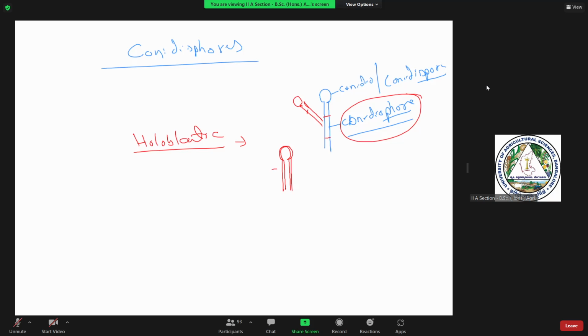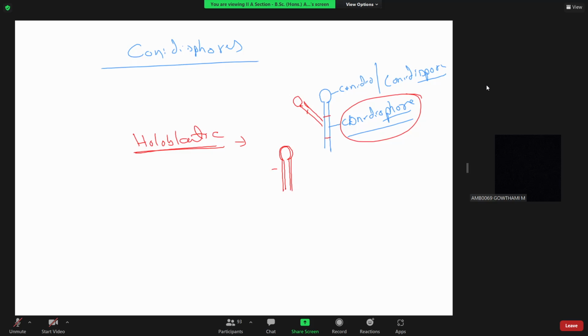Such a type is called holoblastic. That is, the whole entire thing is responsible for the formation of a conidium.